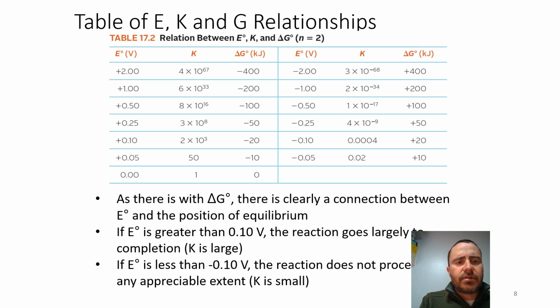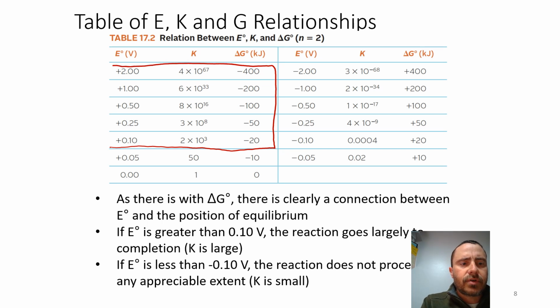But in general, anything with a standard voltage greater than positive 0.10, so it's spontaneous, is usually going to be mostly products at the end, meaning that our reaction is going to basically go to completion.